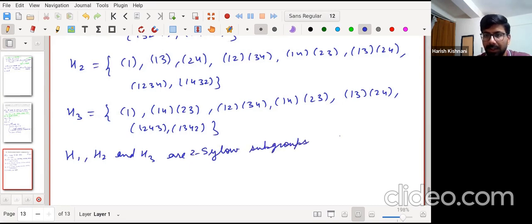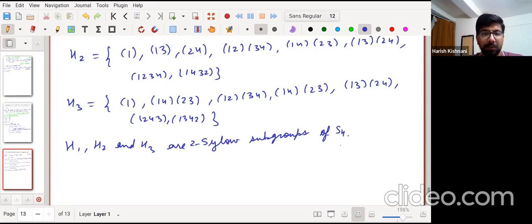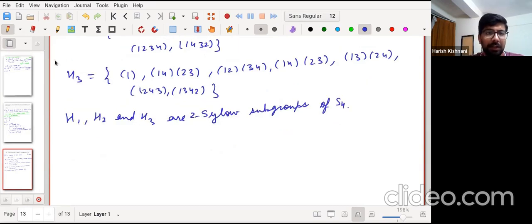of S4. And it's not like that I'm just able to guess it, or I did all this computation, calculated all the subgroups and then came. It's not like that.